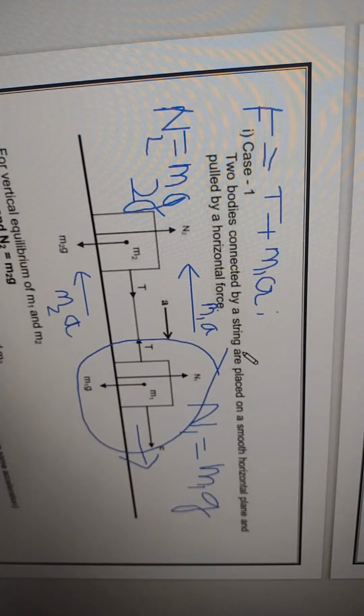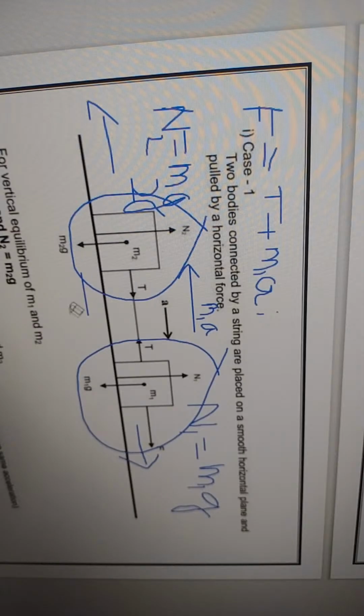Now the next is for this body. For this body it will be T is equal to, in this direction it is M2A. It is written here also, M2A.